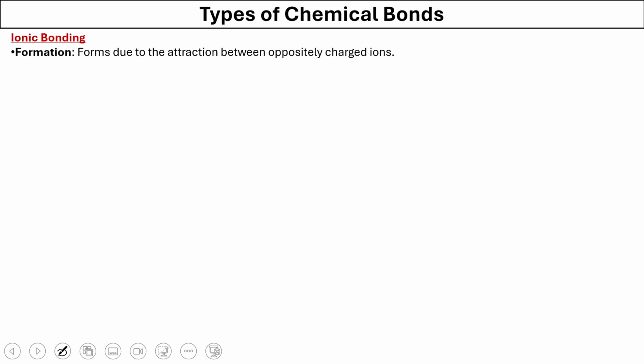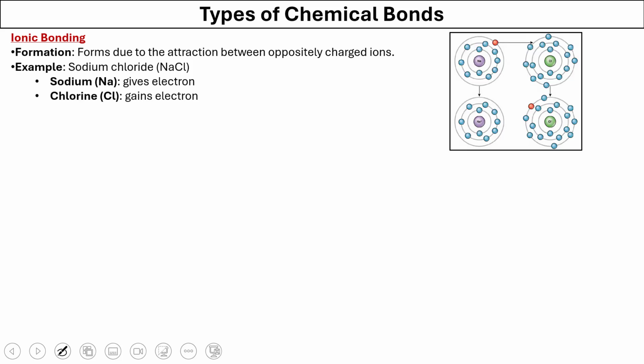The other kind of chemical bond is the ionic bond. Ionic bond example is sodium chloride, in which the participating elements are sodium and chlorine. So here you see that sodium has 1 electron and chlorine has 7 electrons in its outermost shell.